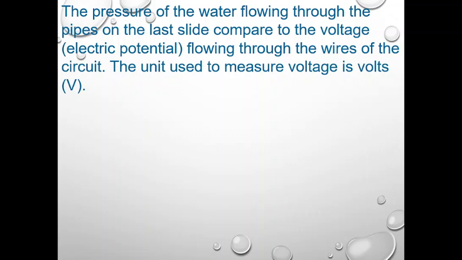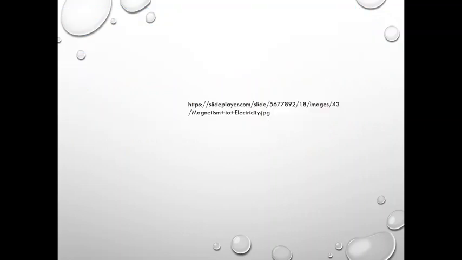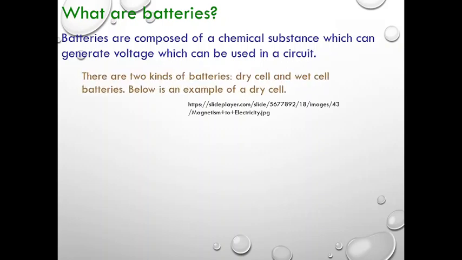The unit used to measure voltage is volts, or V. The flow of charges in a circuit is called current. Current, I, is measured in amperes, A. What are batteries? Batteries are composed of a chemical substance which can generate voltage which can be used in a circuit.